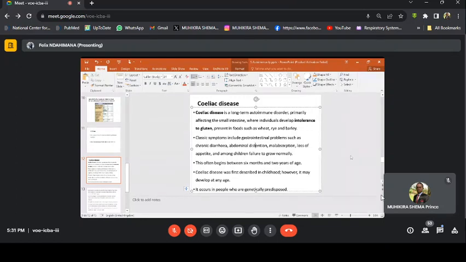So when you have this disease, there will be, of course, malabsorption, there will be loss of appetite, and children might not even be able to grow, because there will be antibodies that will be digesting the villi. There will be villi atrophy.